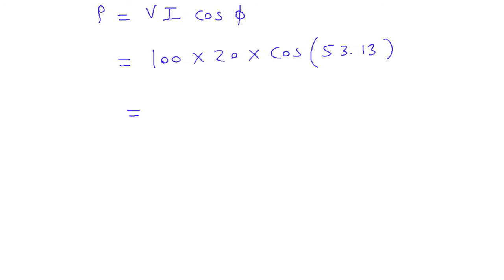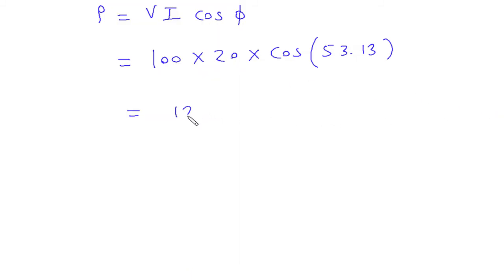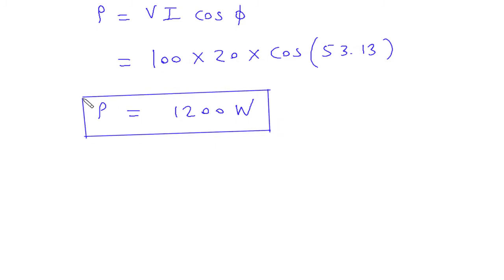So 100 into 20 into cos 53.13 is 1200. The unit of power is watt. Power is equal to 1200 watt.